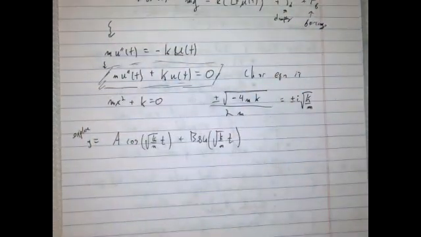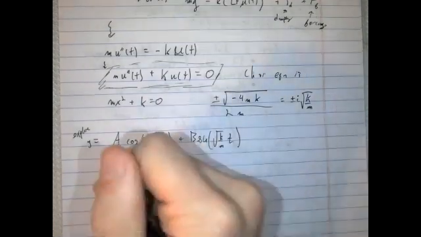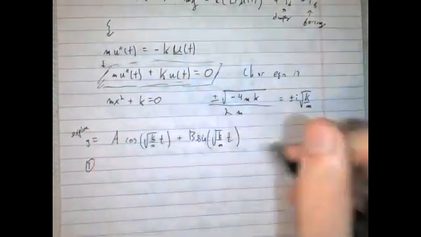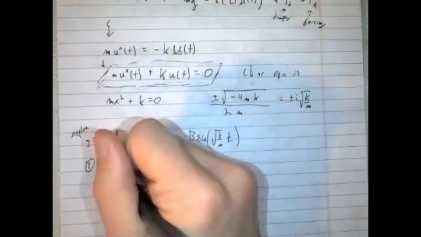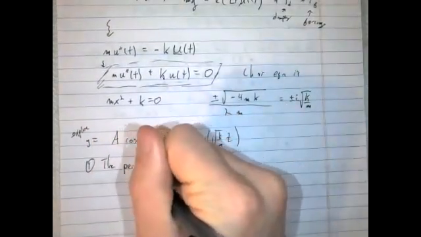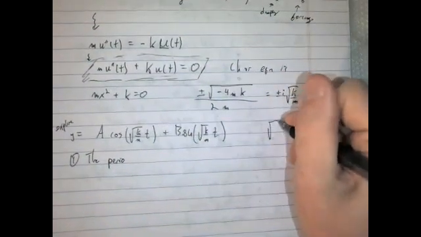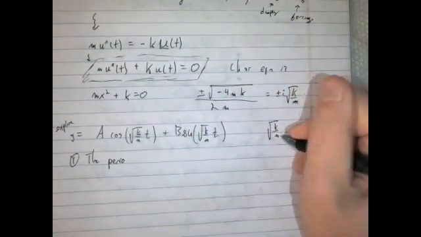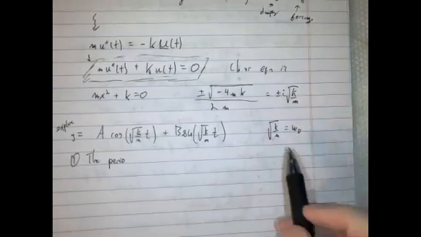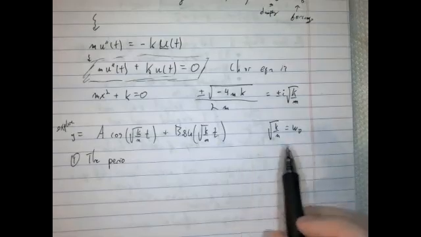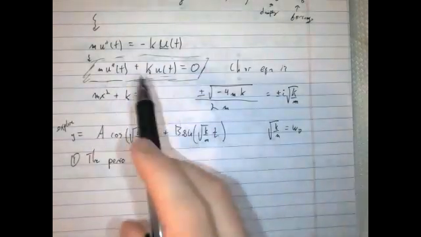Okay. So as I mentioned last time, first of all, we know what the period of this oscillatory motion is. Also as a notation, we're going to write root k over m is equal to omega 0. So this is going to be some constant that is determining some important fact about this system.